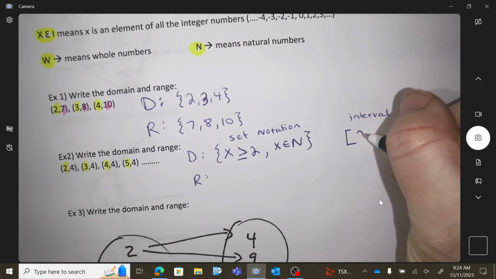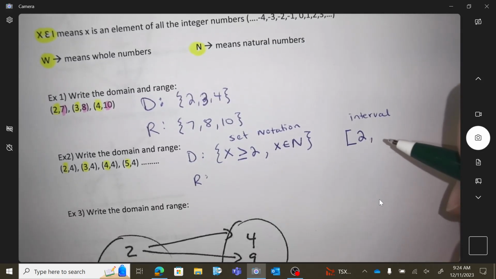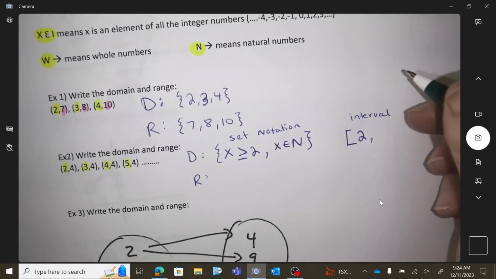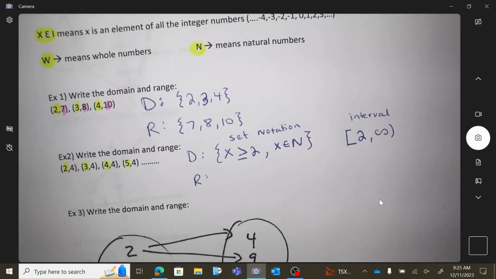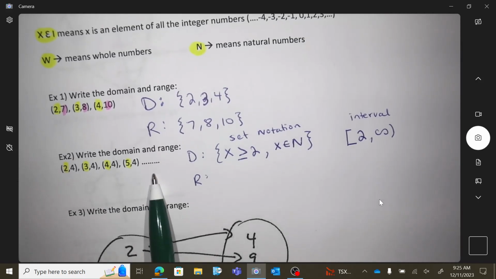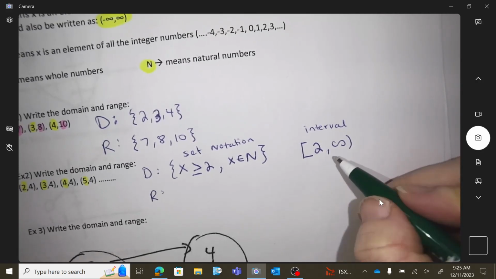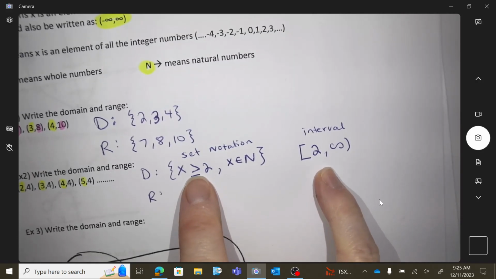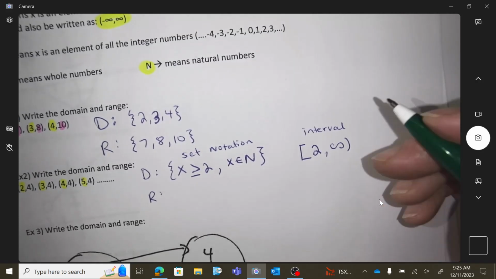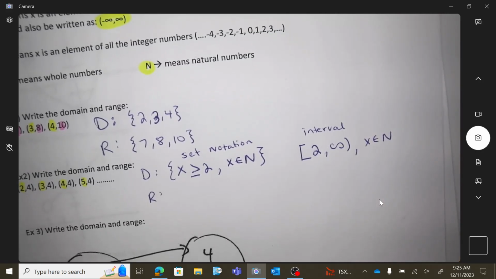Hard bracket, because I include 2. And then I go on, up, up, up, and it will never end because it says the pattern goes on and on. So I'm going to go from 2 exactly to infinity. So that's the same thing as writing above or equal to 2, but only the natural numbers that are above that.